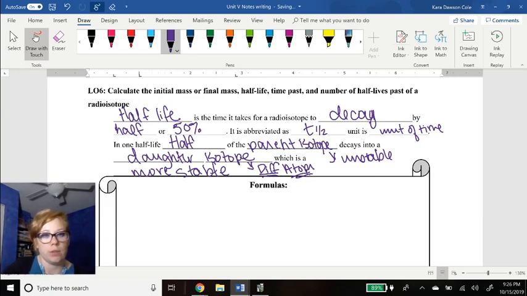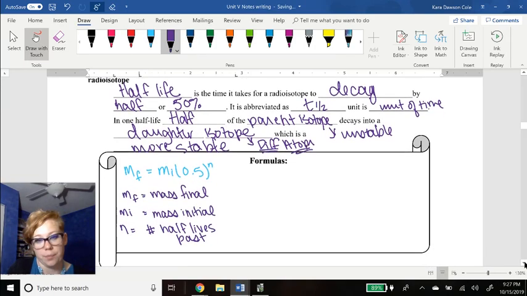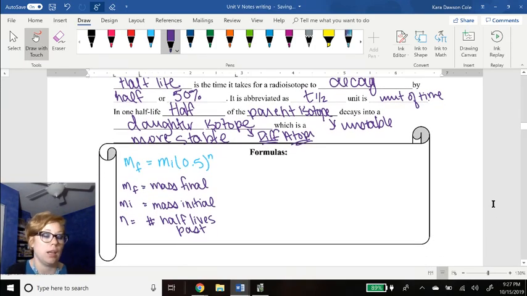So the formulas for this are: mass final is equal to mass initial times 0.5 raised to the n. The m sub f is mass final, m sub i is mass initial, and n is the number of half-lives that have passed.